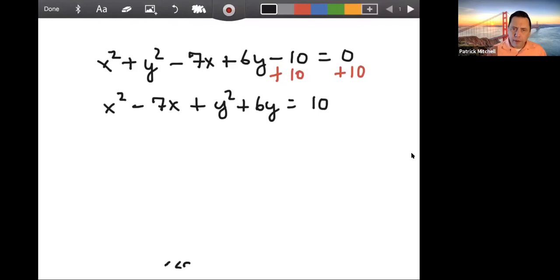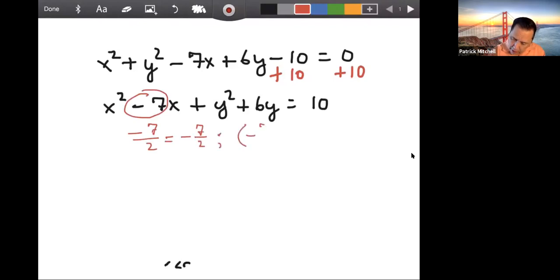All right, so now I'm ready to do my completing the square trick. I'm going to start with the x term. So the number sitting next to x is a -7. What I'm going to do with that is divide that by 2, which is just -7 halves. And then the square of -7 halves is 49 over 4.